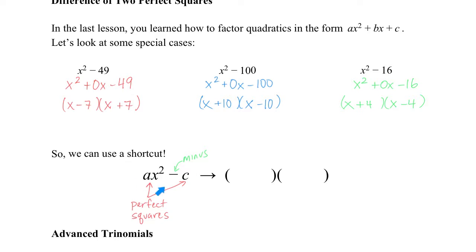If you have this situation, then what you're going to do is in the front, you're going to take the square root of the first piece. That's going to go in the front.